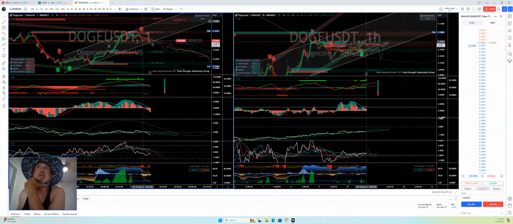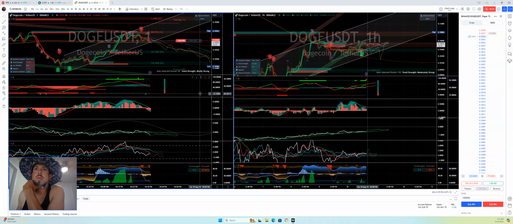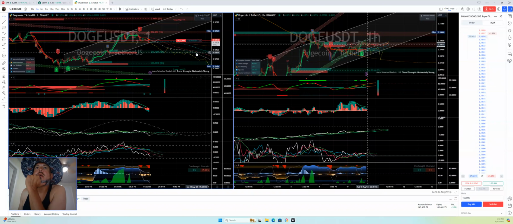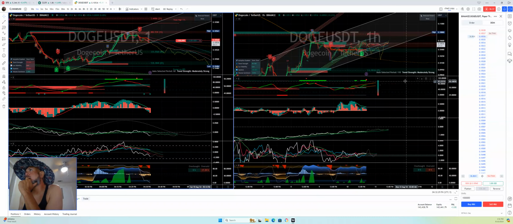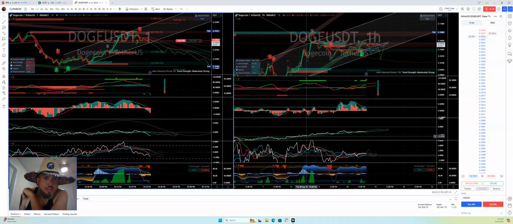It looks like it's trying to break out, but you got the indicator showing strength with this red right here to the downside. And like I said, the main resistance was here.